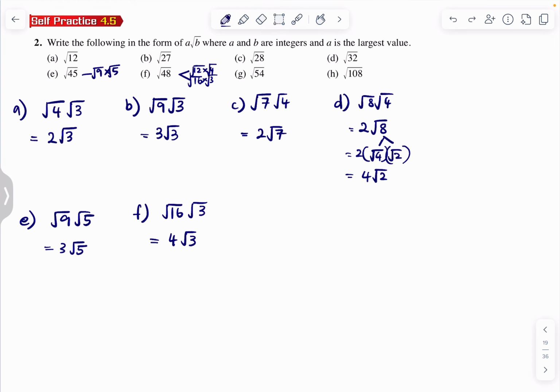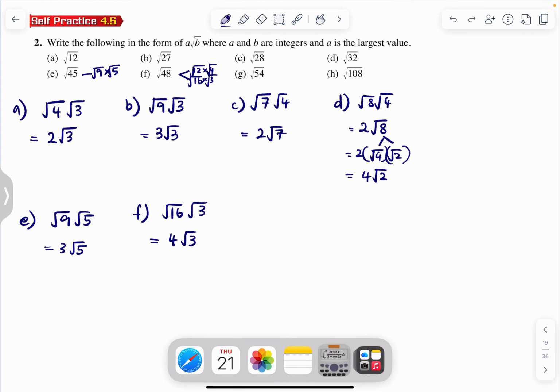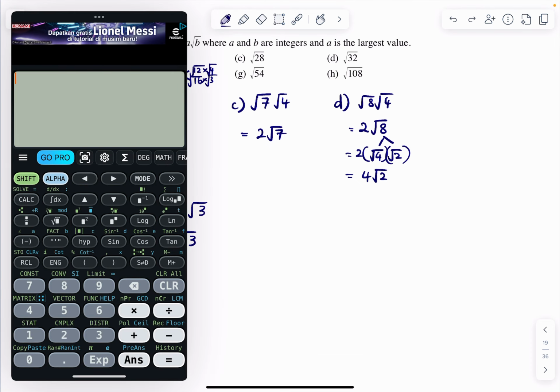54. 54 is what times 1? Okay, let me show you how to do it if you don't know. You try to divide it by perfect squares. So perfect squares are 1, 4, 9, 16, 25, 36 and so on. So 54, let's try dividing it by 9. You get 6, right? So 9 times 6.